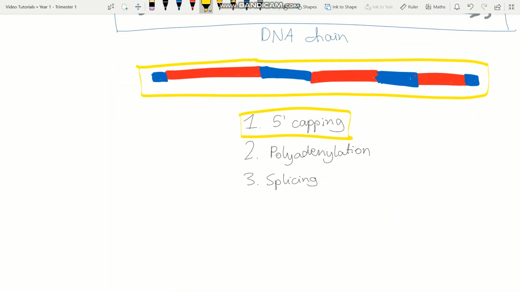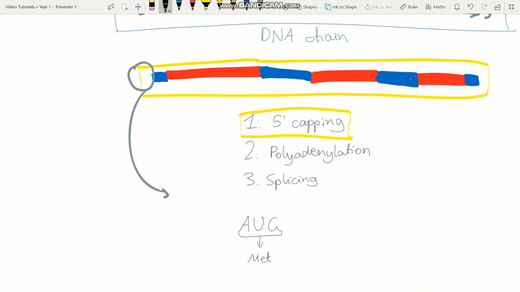5' capping, as the name suggests, occurs on the 5' end of the molecule. So, say for example, the only starting codon sequence that occurs in all RNA sequences is AUG, and this codes for the amino acid methionine. AUG is the start codon and essentially just starts the process of transcription to occur.